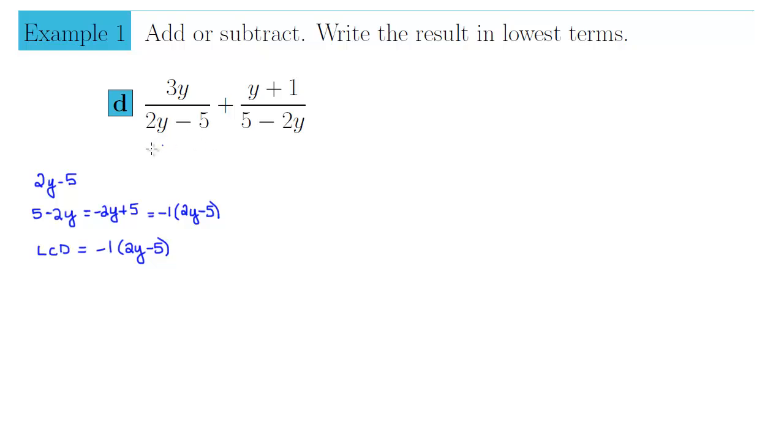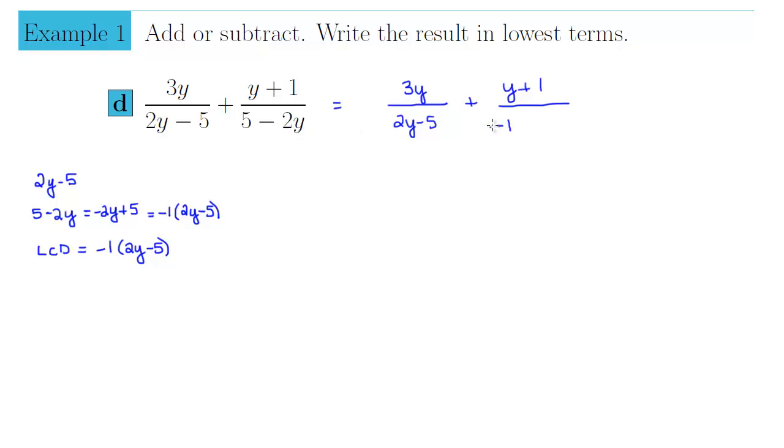We now want to rewrite our rational expressions to have this new denominator. Let me begin by rewriting the first rational expression, 3y over 2y minus 5. And that we're adding to y plus 1 over, now instead of writing 5 minus 2y, this time I'm going to rewrite it in its factored form where we pulled out the negative 1.